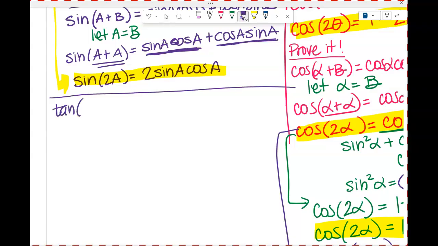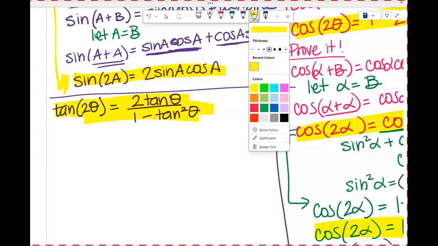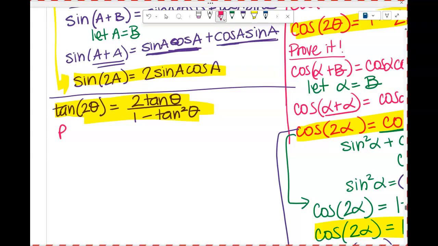Tangent of 2 theta is 2 times tangent of theta divided by 1 minus tangent square of theta. I'm going to highlight that, and then I'll prove it to you guys. All right. Prove it.